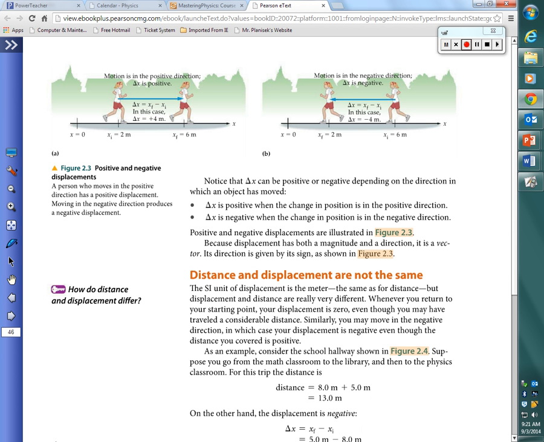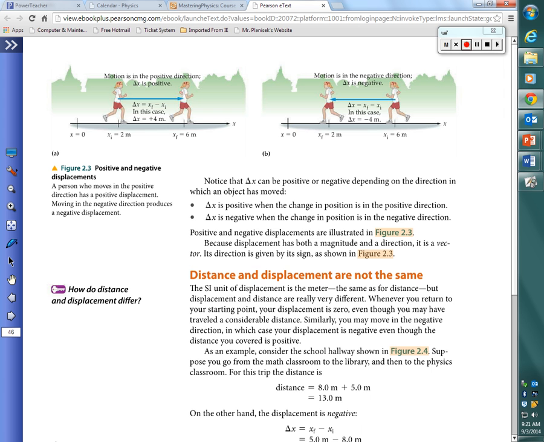Okay? In picture B, her second trip, her initial position is positive 6 meters. 6 meters to the right of the origin. Her final position is positive 2 meters. 2 meters to the right of the origin.